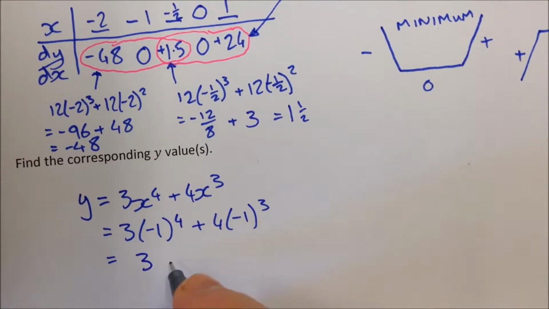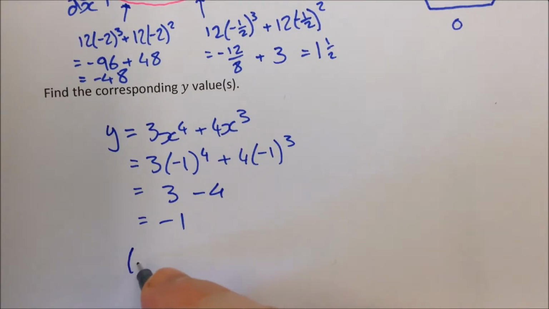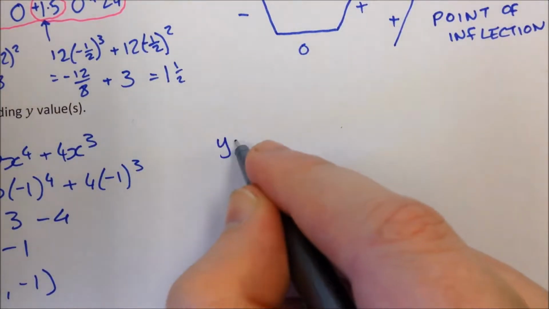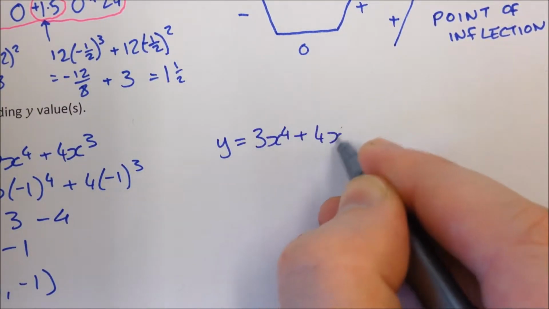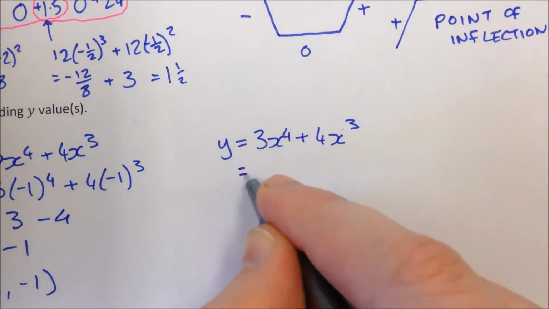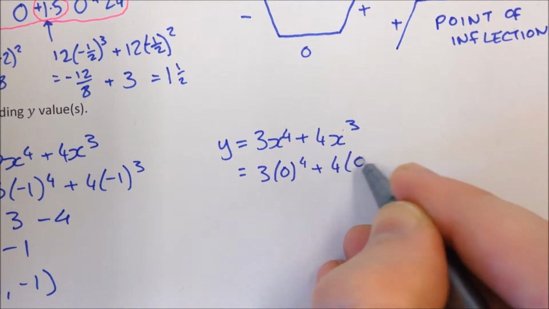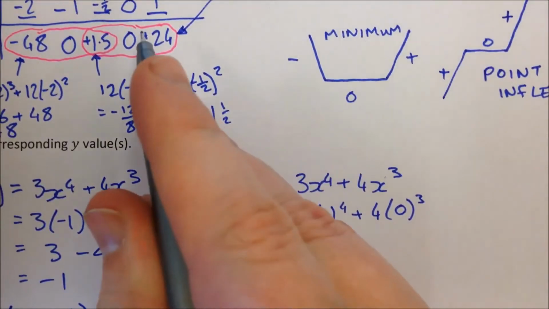So that's 3, take away 4, negative 1. So it's negative 1, negative 1. This one here, y equals 3x to the 4 plus 4x cubed. So that's 3 lots of 0 to the power 4 plus 4 lots of 0 cubed. So that is 0. So your value there is 0, 0.